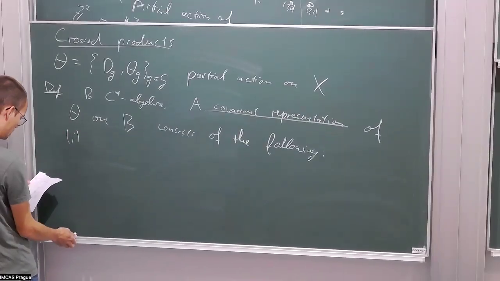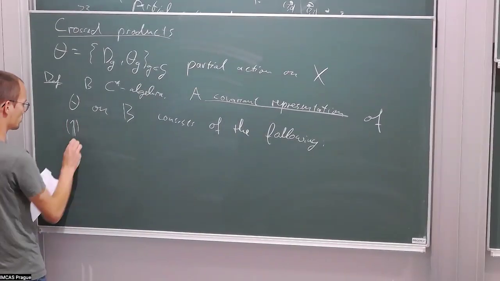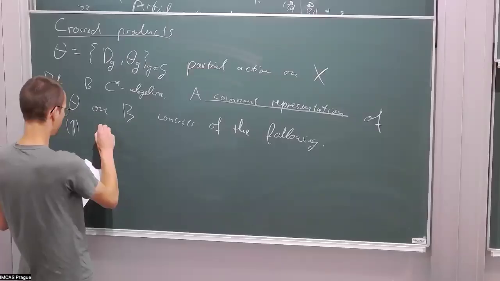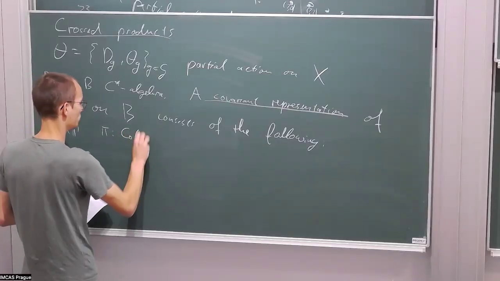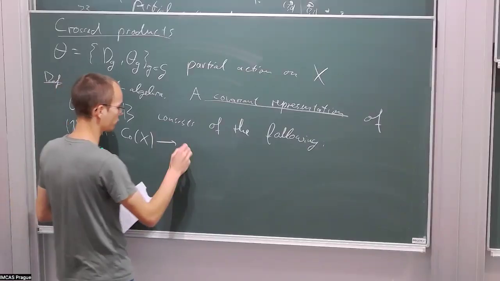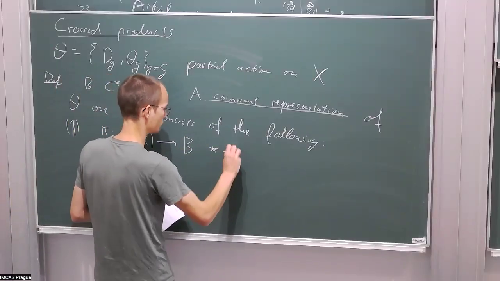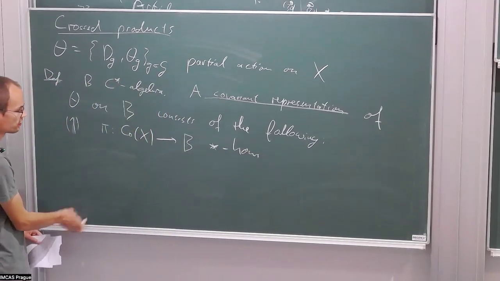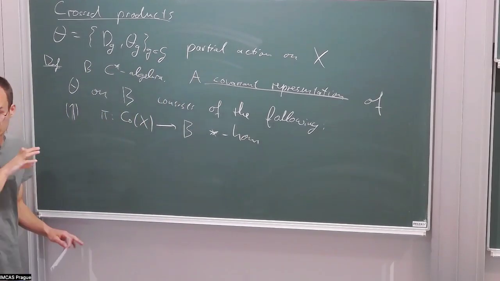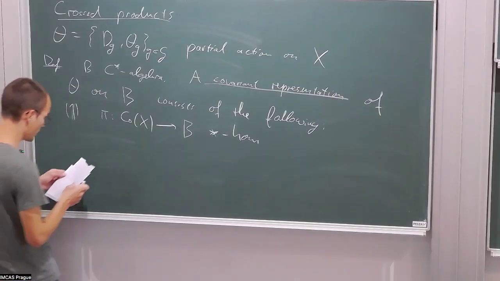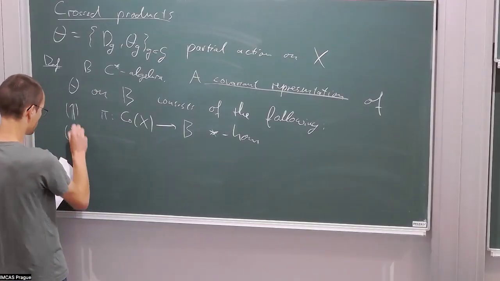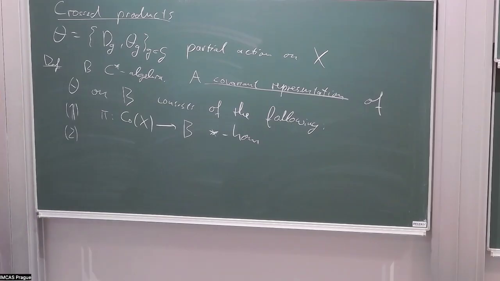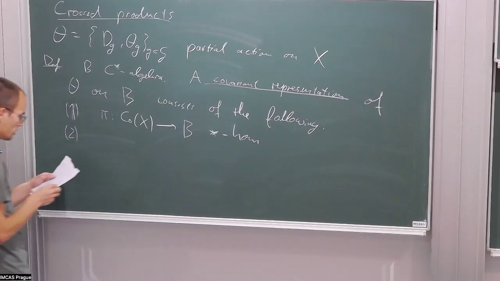First of all, a star homomorphism from C0 of X to B. So I want to represent the commutative C-star algebra I get from the space on B. And secondly, what is called a partial representation of the group.